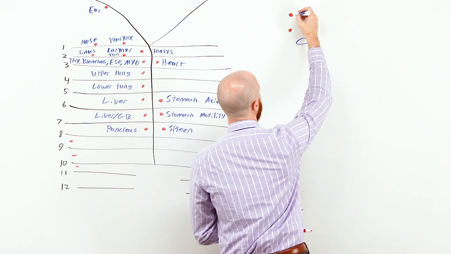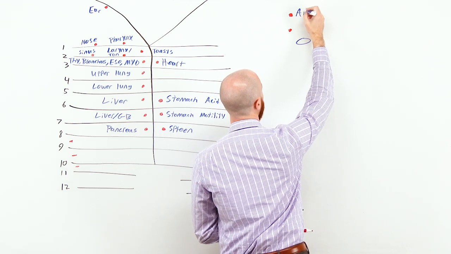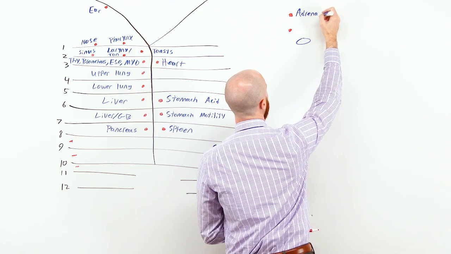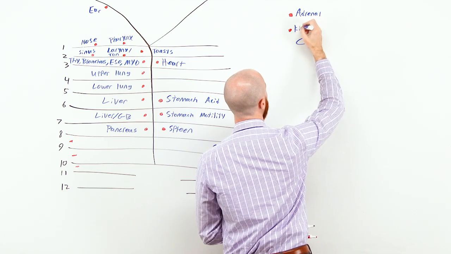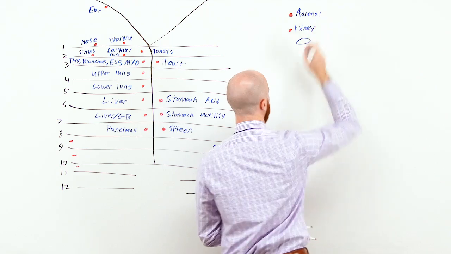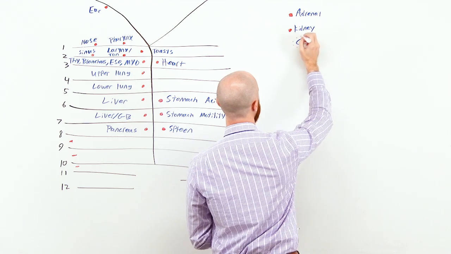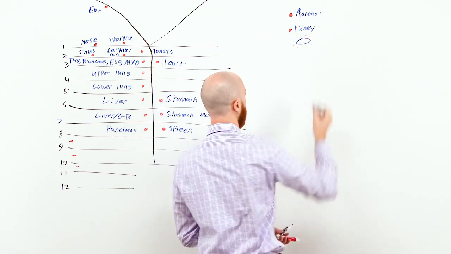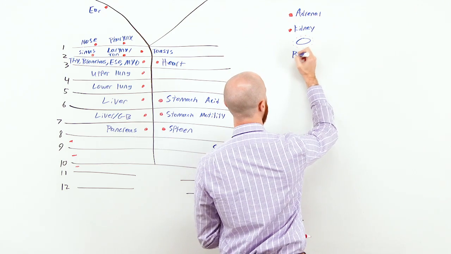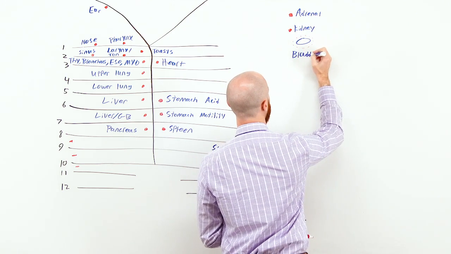These represent the adrenal gland, the kidney, and the area around the umbilicus is for the bladder.